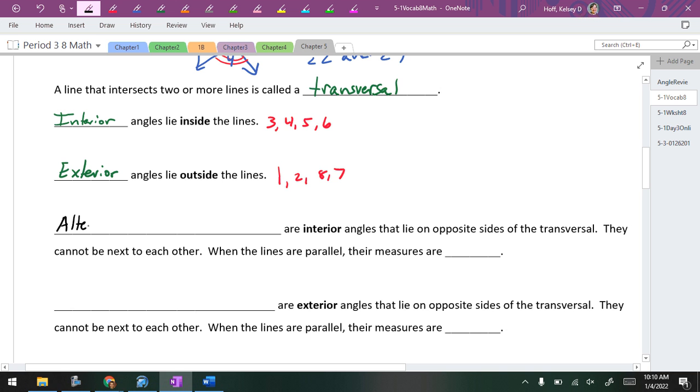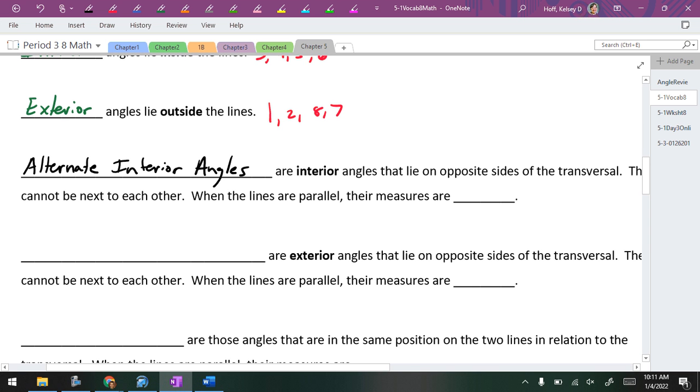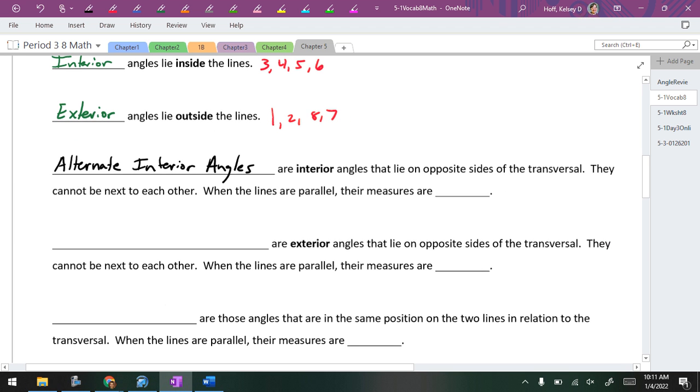Alternate interior angles are interior angles that are on opposite sides of the transversal, and they cannot be next to one another.